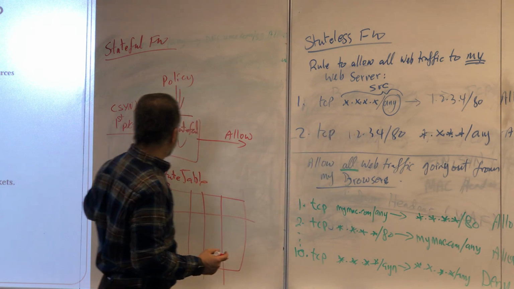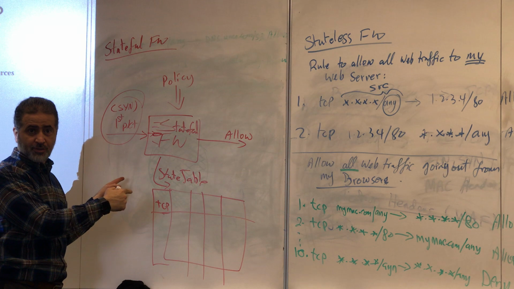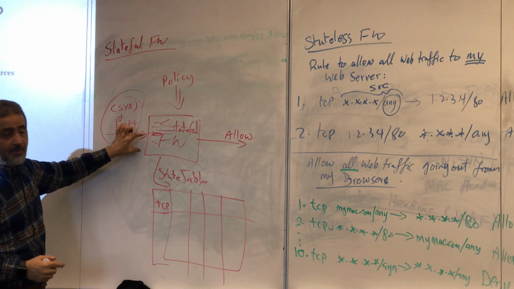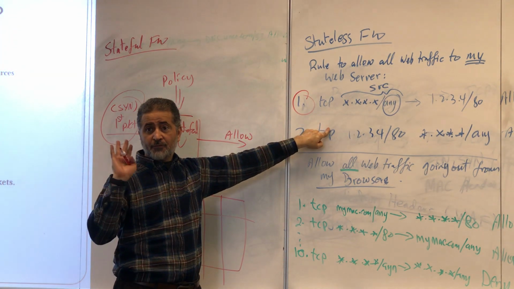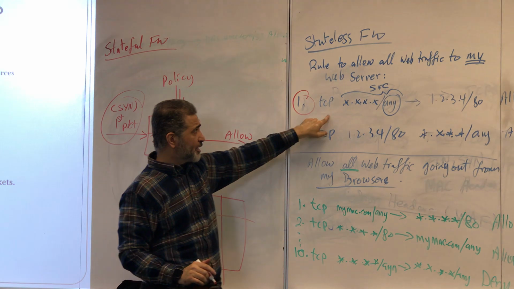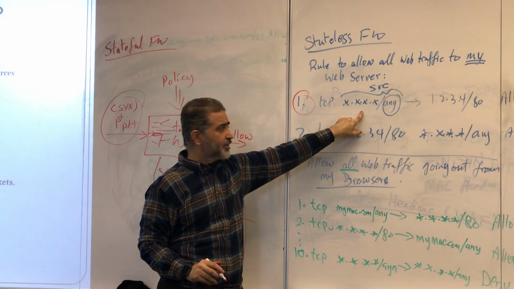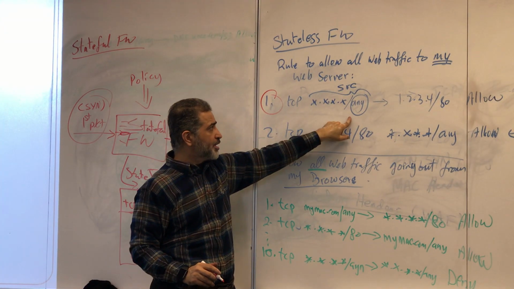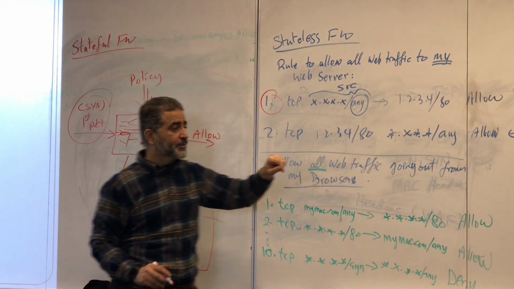Assume the first packet coming in here matches rule number 1. Focus with me here. What does rule number 1 say? Any client, any IP address, coming from any port, going to my web server, will be allowed.